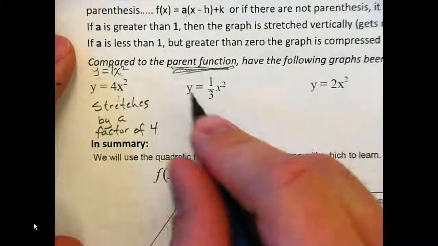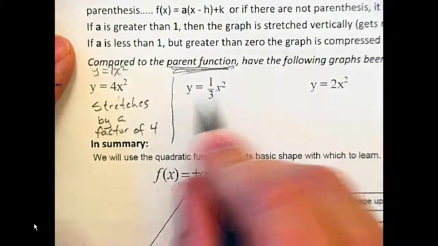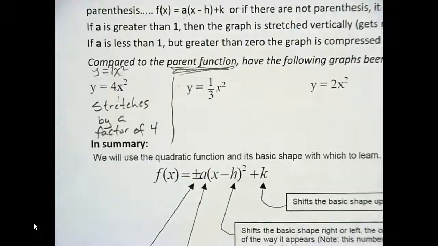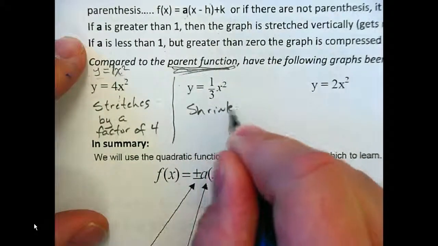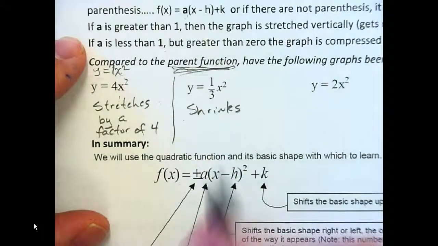All right? Why don't you go ahead and tell what happens there? Okay, volunteer. Sarah, what do you got? For the next one. Shrinks by a factor of 1/3. Shrinks, or what's another way of saying shrinks? Compresses.